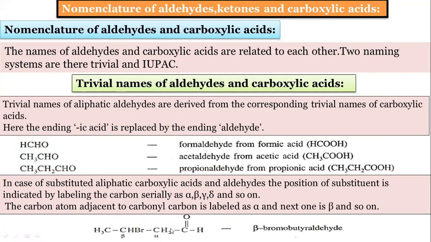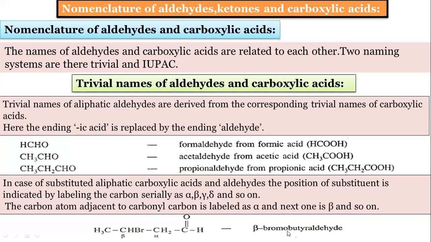When substituted carboxylic acids or substituted aldehydes are there, see, the carbon number is denoted with alpha, beta, and gamma. The carbon nearer to the carbonyl carbon, carbon number 1, is alpha, then the next one is beta, the next one is gamma, then delta, and so on. So to the beta carbon here, see, bromine is attached.